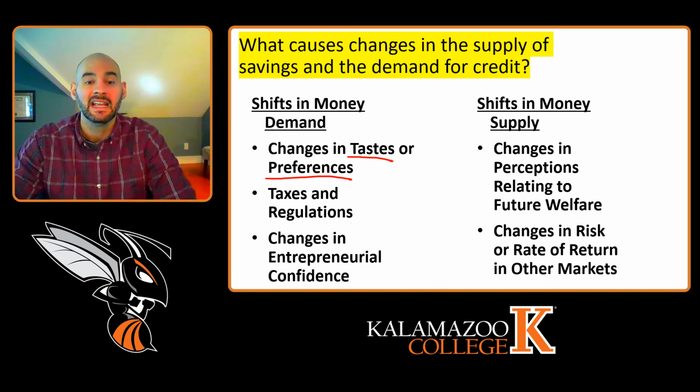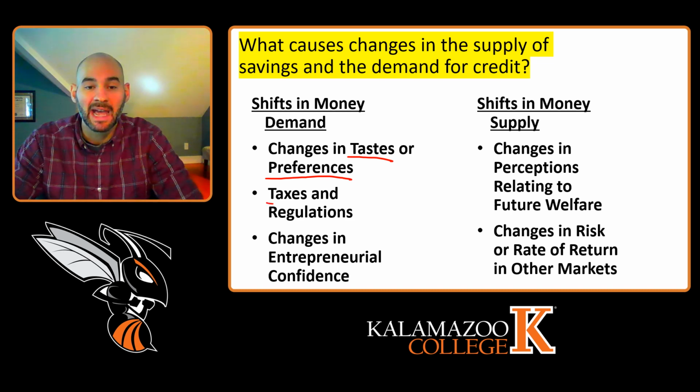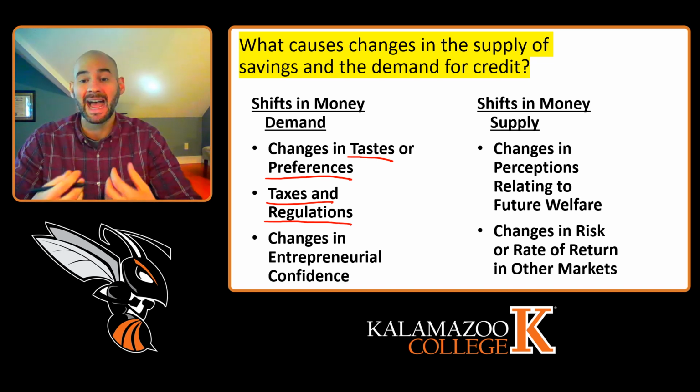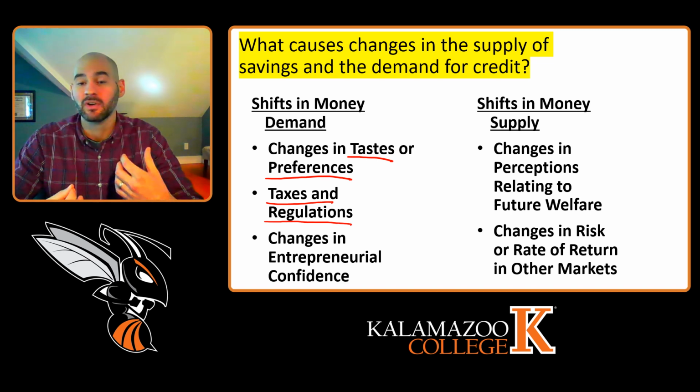Taxes and regulations may impact that as well, similar to a private goods market. When we place a tax on a particular good, we're going to decrease the demand for that good.